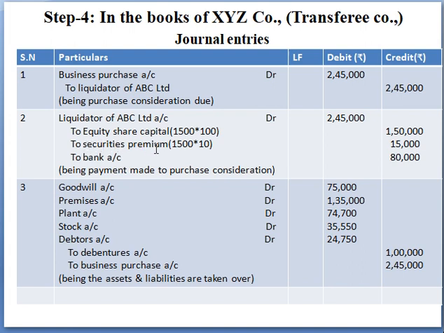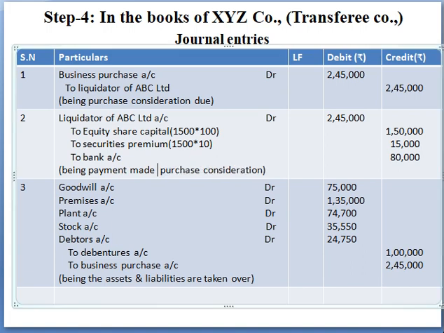So to securities premium, 1,500 shares into 10 rupees premium is 15,000. And next is bank 80,000 rupees, right? This is the payment made as purchase consideration.